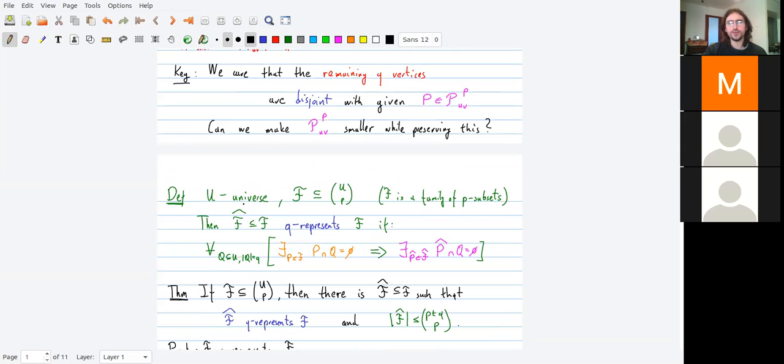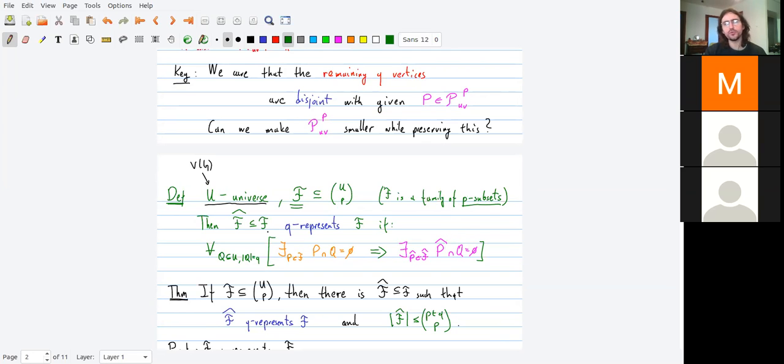So imagine I've got some universe U. In our case, this universe will be the vertices of the graph, and I have some family F of subsets of this universe, subsets of size p. So F consists of subsets of the universe, each consisting of p vertices. You should think of these as partial solutions to your problem.